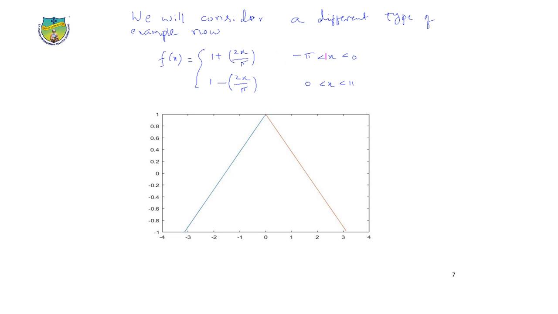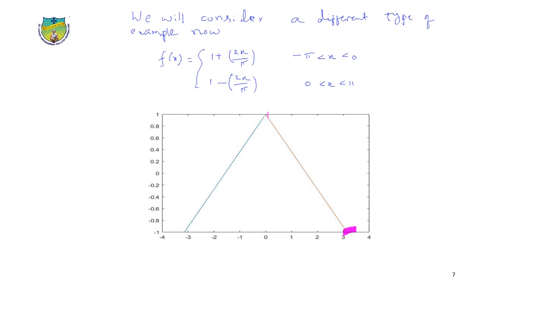If you observe, when you substitute x as pi, the function is going to take 1 plus 2x by pi, that is minus 1. So function value when x is pi is minus 1, and when x is 0, function value is 1. If you observe, the function value is 1 when x equal to 0, and then when x is pi, again the function value is minus 1 at this point.